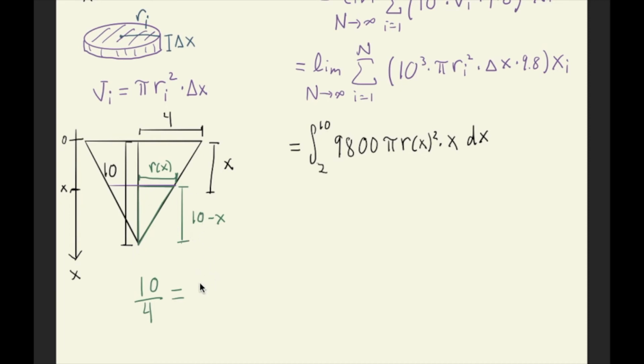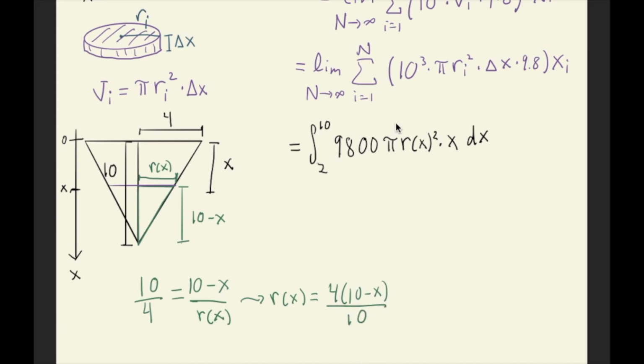So height of the small is 10 minus x. Base of the small is r of x. And so we can solve this equation for r of x. We get that r of x is equal to 4 times (10 minus x) over 10.